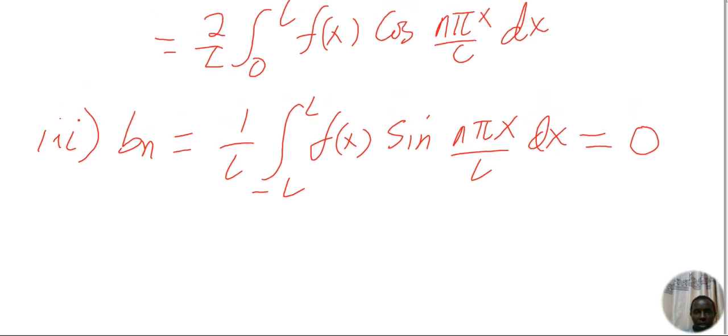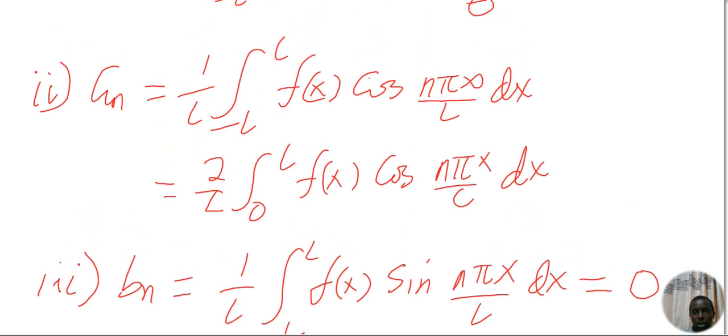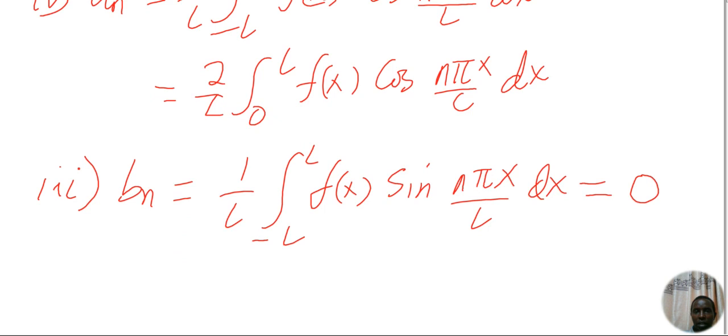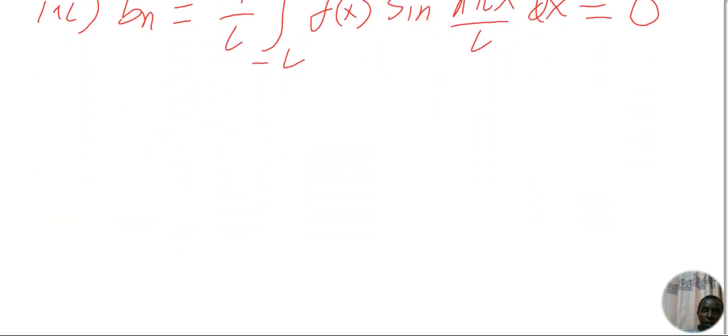So what does this mean? That one of the Fourier coefficients is known to be 0 in advance. So we'll be left with a series that doesn't have the sine terms.